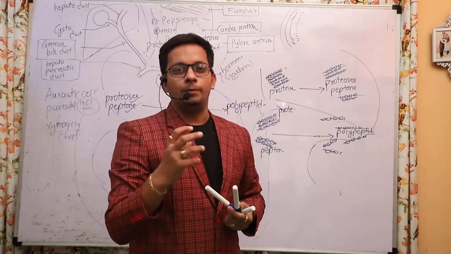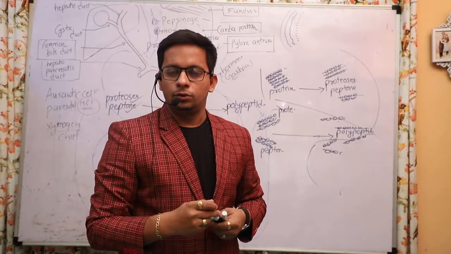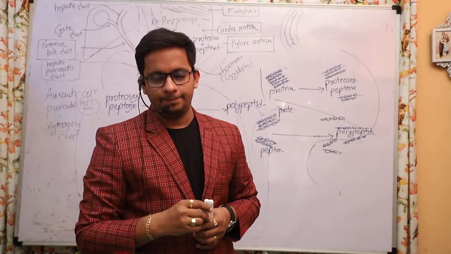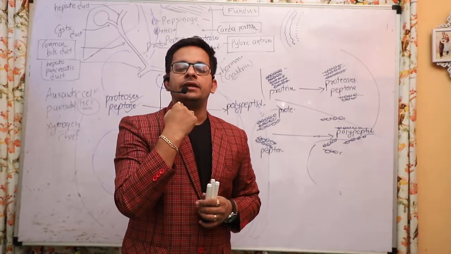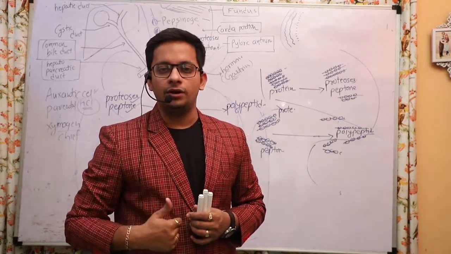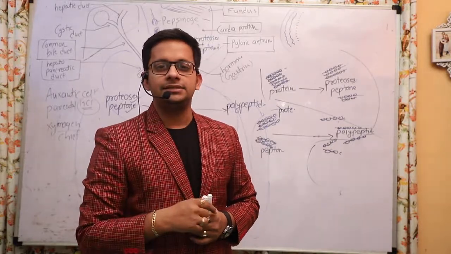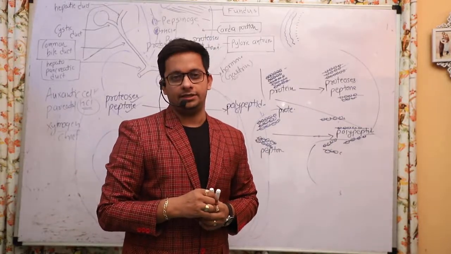You learnt about goblet cells. Goblet cells are present in the entire digestive tract, even in the pharynx, esophagus, stomach, small intestine and large intestine. But these goblet cells are present in the mucosa layer.